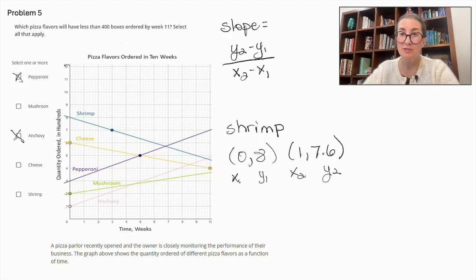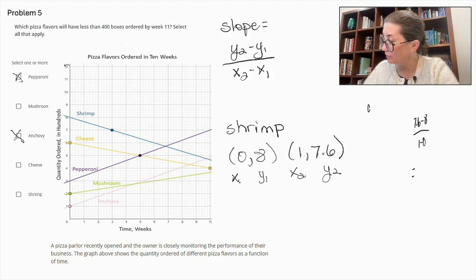We have our values now for shrimp, so let's plug them into the formula and find the slope for that as well. So we've got 7.6 minus 8 over 1 minus 0, and that is equal to negative 0.4 over 1, which is equal to a slope of negative 0.4.